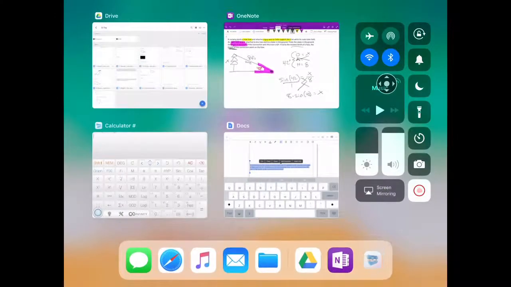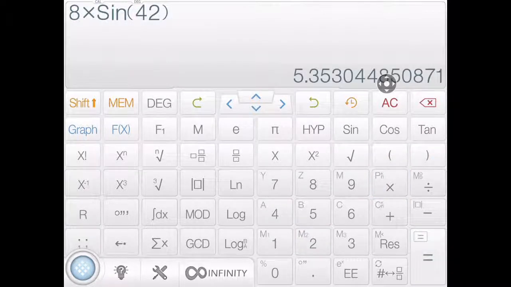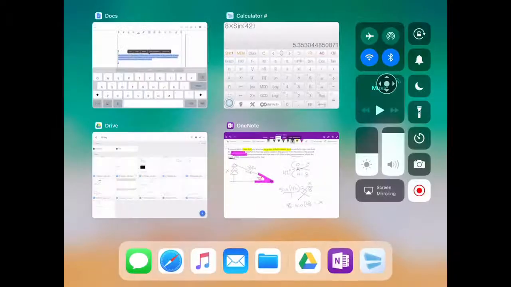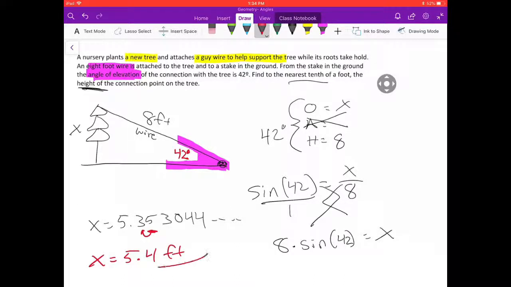Go right to our calculator, make sure that we are in degree mode, and we would have 8 times the sine of 42, and we're going to get 5.35. Now we do have to remember that it is rounding to the nearest tenth, so although it is 5.3530044 and so on, we're going to look at this 5, and it's going to push this 3, so our final answer is going to be 5.4 feet.